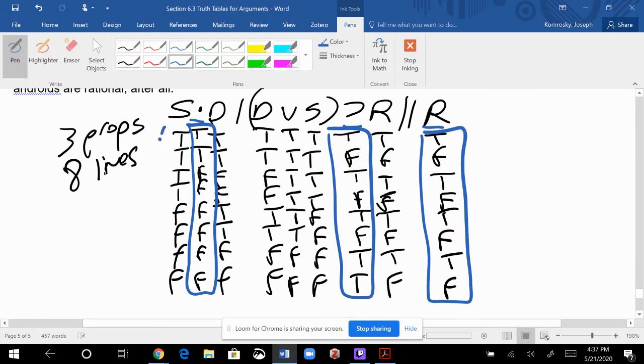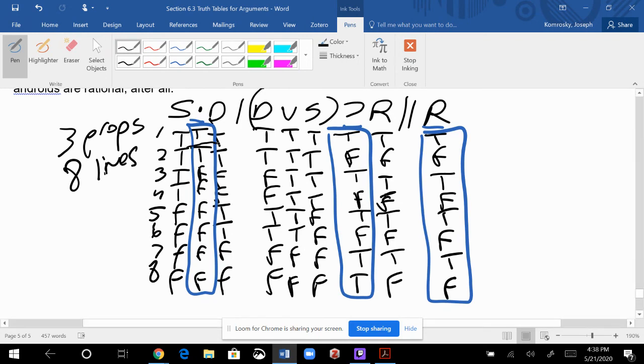So we got 8 lines. Oops, let's do this. Oh, that's interesting. And we want to know, do we have an instance where we have 2 true premises and a false conclusion?